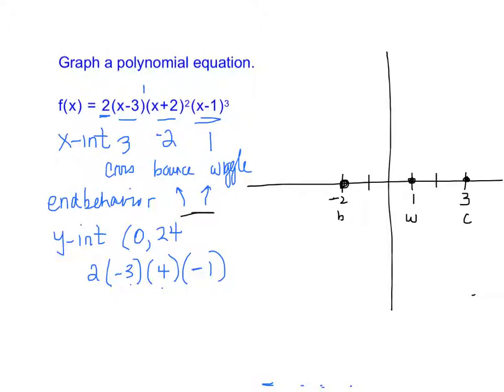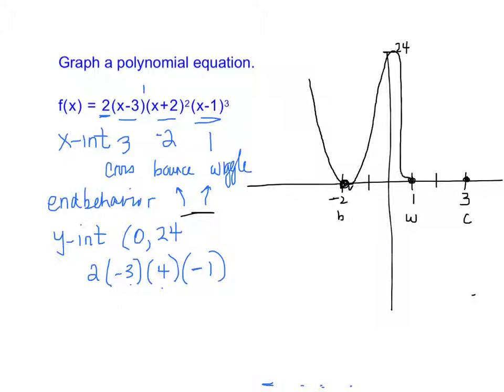And remember that the end behavior starts up. So I'm going to start up, and I'm going to bounce here. Okay, my y-intercept is way up here, which I don't have room to do, but my y-intercept is way up there, so I'm going to go way up.